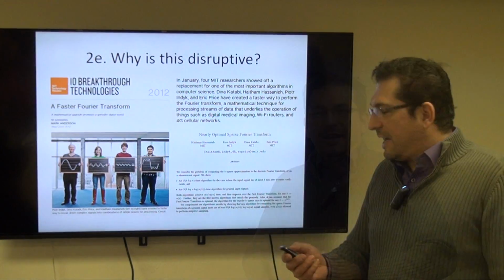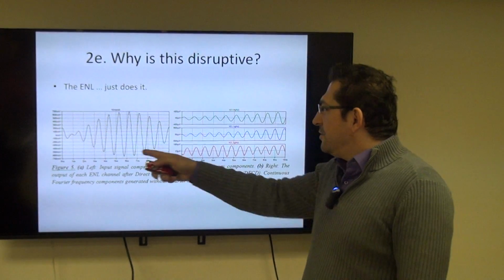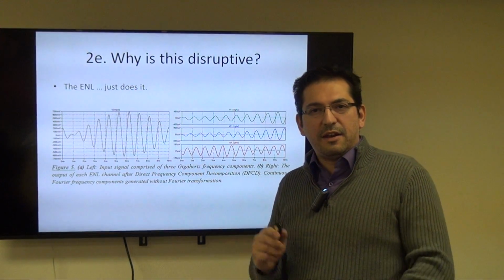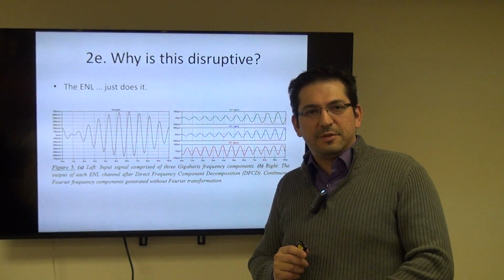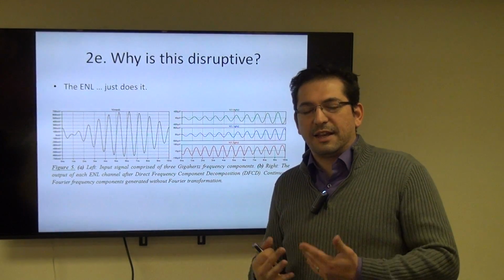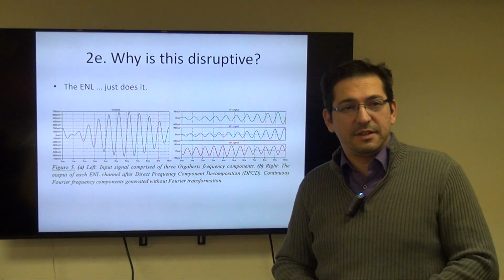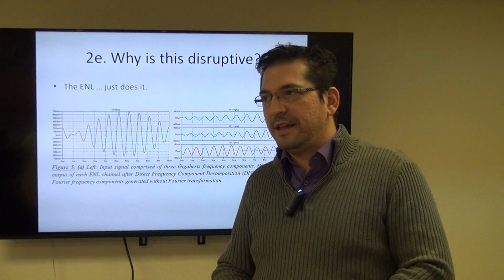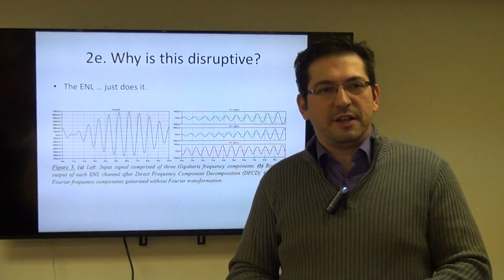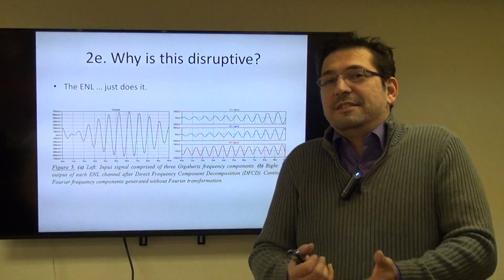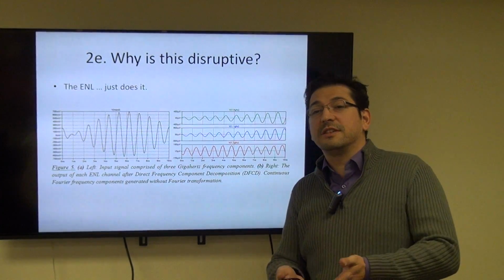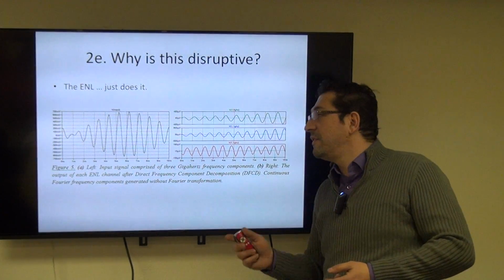How does that help me when the ENL just does this at analog speeds without any training? This is what frustrated me about this claimed innovation: the ENL just does this. This is a characteristic effect of the ENL itself.